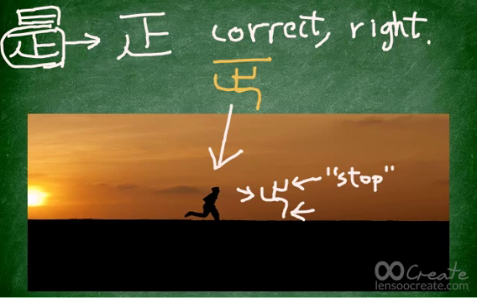So, going with that, there's also the character on the top, this one. And that actually is the character of righteousness, the path. So the person is running, but then his hand is up, hopefully to tell himself to stop, and then choose what is the path of righteousness.